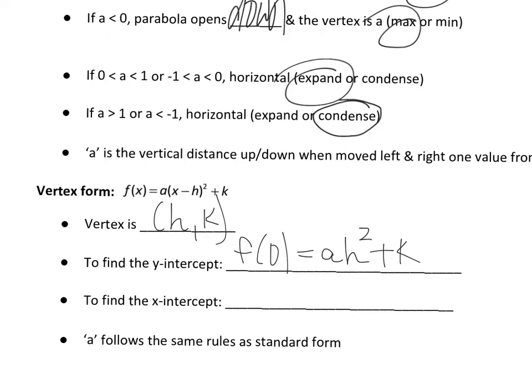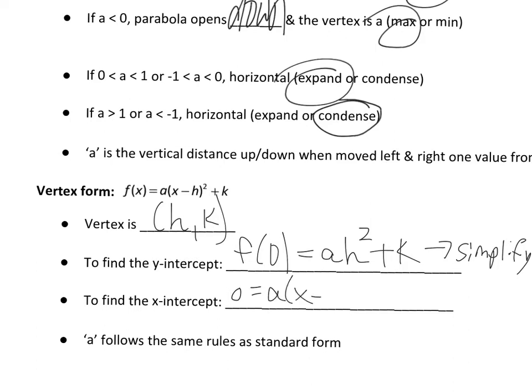You don't have to remember that it's h squared plus k, but those would all just be numbers, and you simplify it, and that would be your y-intercept, which isn't that difficult, but it's not as nice as standard form in terms of finding an x-intercept. To find the x-intercept in this case, I said x-intercept, but I was talking about y-intercept.